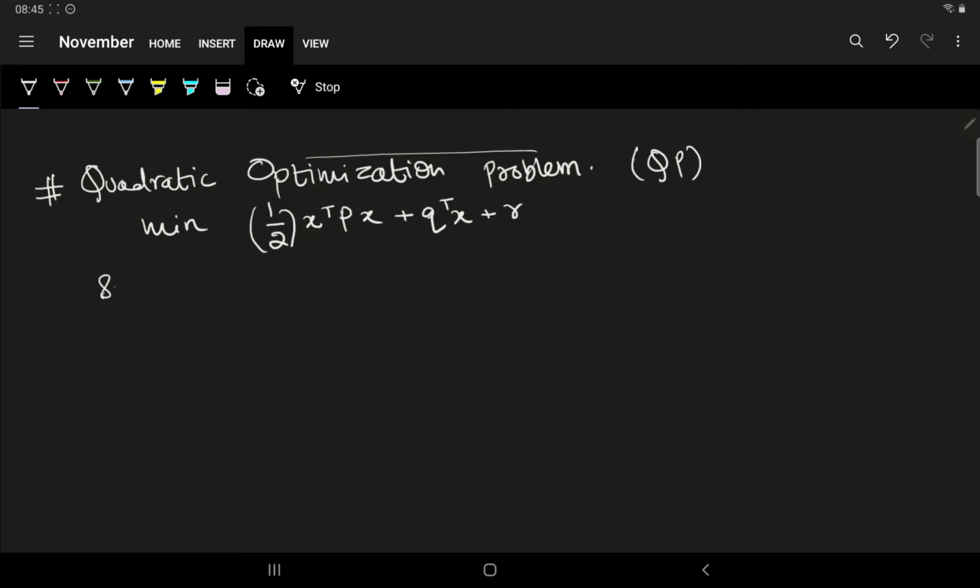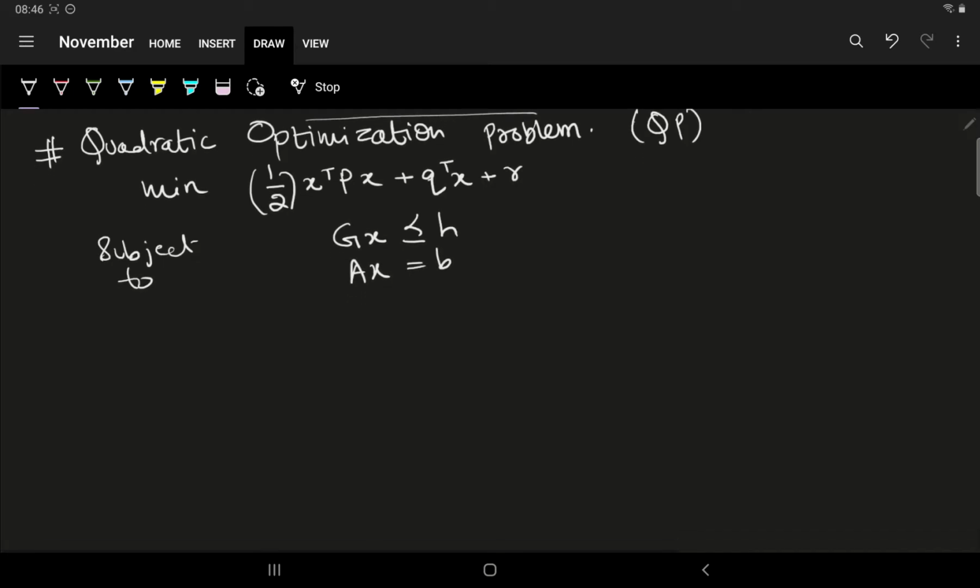and subjected to inequalities. Those are affine functions. And also the equalities are affine functions.